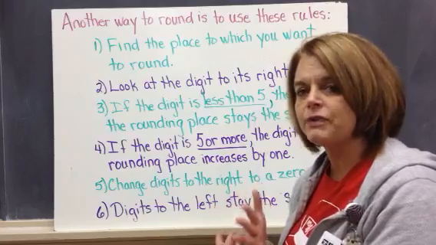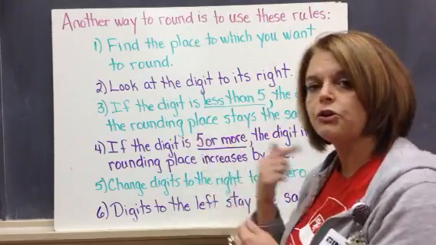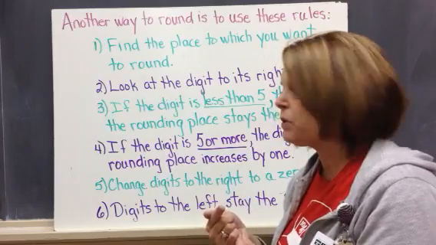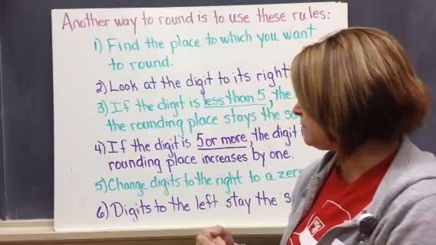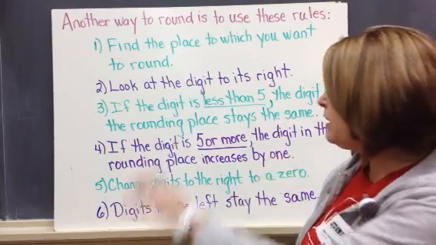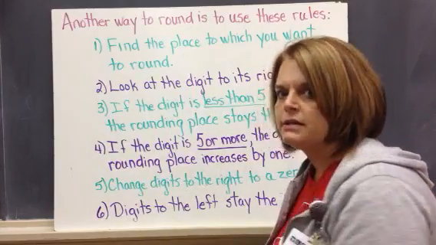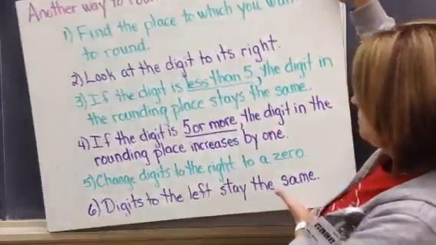If that digit is 5 or more, you're going to increase that digit in the hundreds place by 1. If it's less than 5, it's going to stay the same. All of the numbers to the right become a 0. Everything to the left stays the same. So let's do a couple and see how this works.